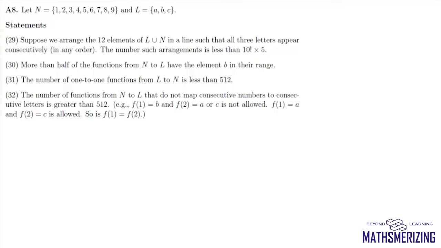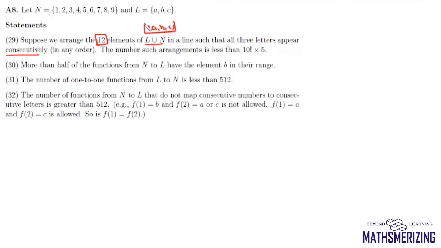Now in question number 8, we are given two sets n 1, 2, 3, 4, 5, 6, 7, 8, 9 and L, which is A, B and C. Now statement 29 is, suppose we arrange 12 elements in a line such that all three letters appear consecutively in any order. The number of such arrangements is less than factorial 10 into 5. Now we have to arrange 12 elements. Out of these 12, these three elements A, B and C, they must occur together.